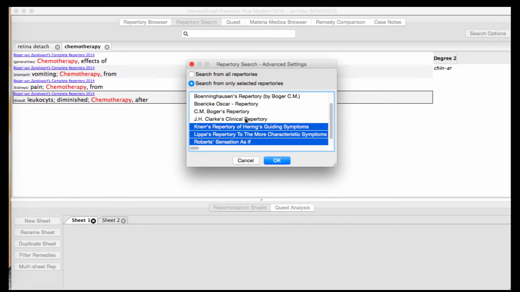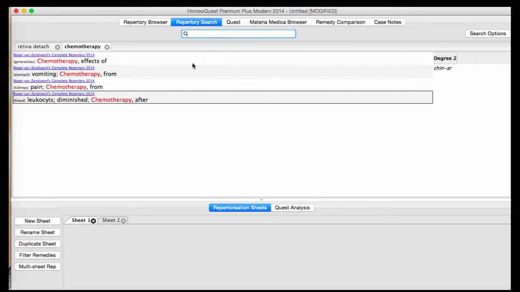So when I'm mixing rubrics, that's the question so many people asked me: what do you do if I'm mixing rubrics from different repertories? At that point, my strategy is to separate the analysis for mentals and physicals. For example, for the mentals, I'll use the Kent repertories and repertorize them in sheet 1, and then for the physicals, I'll generalize them and repertorize them in sheet 2.